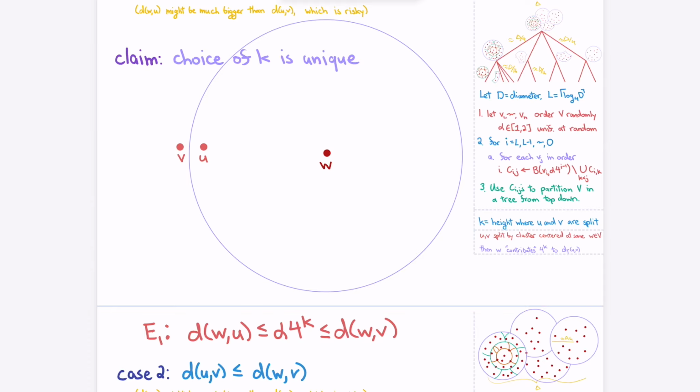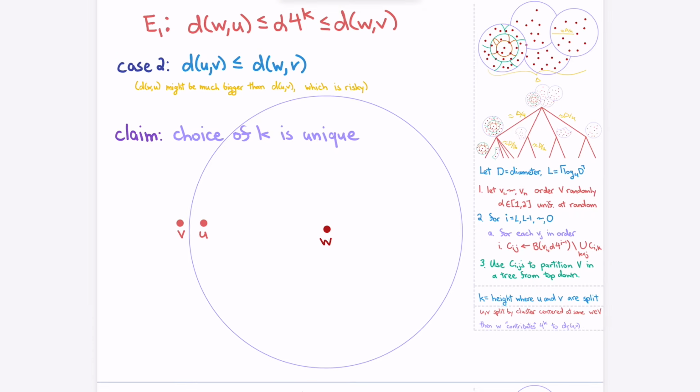The first thing is that the choice of K we want to show is unique. Anyone see why that might be true? So there's many scales at which W can potentially divide U and V, right? Because there's scales at every scale. But what we're saying here is that the choice of scale K is unique. There's only one K we have to worry about, and then that will make the subsequent analysis a little easier. Does that make sense?